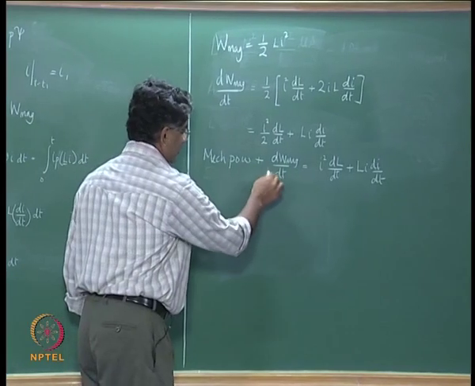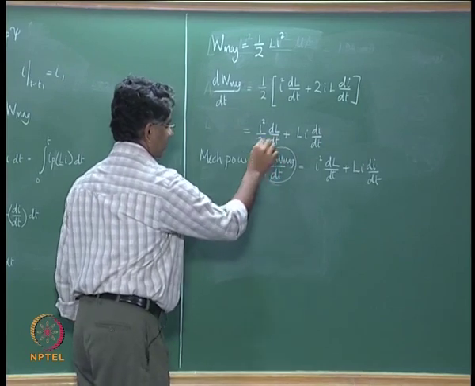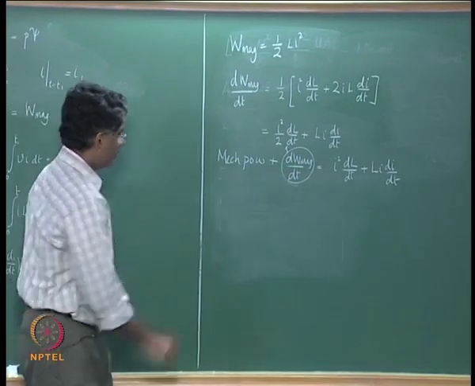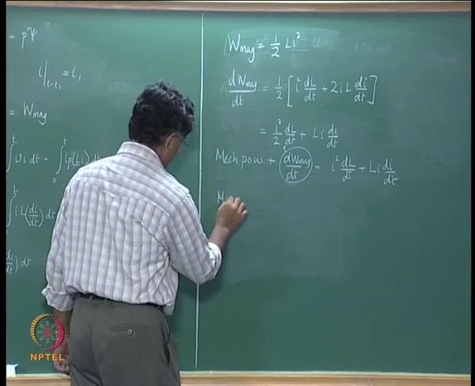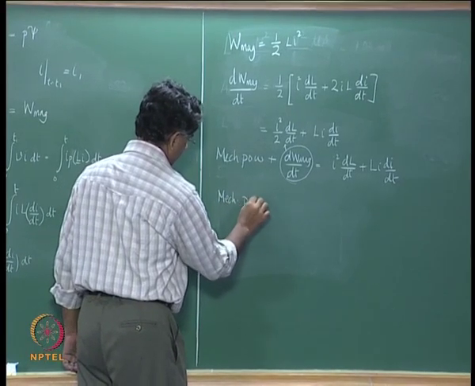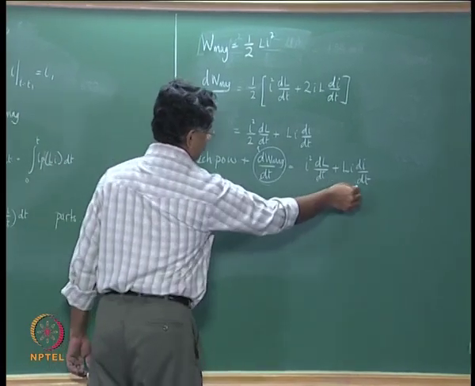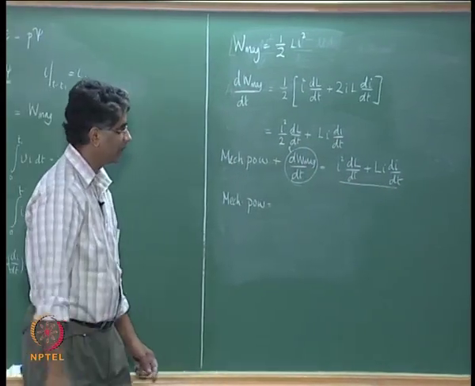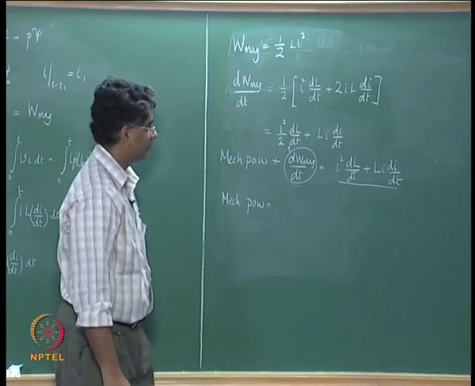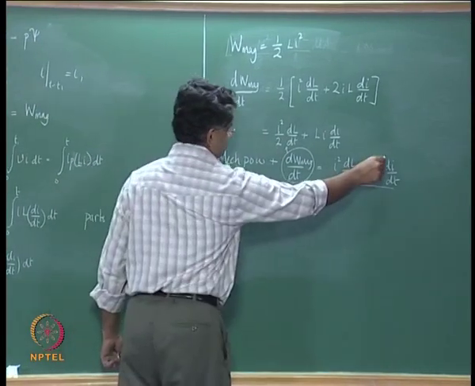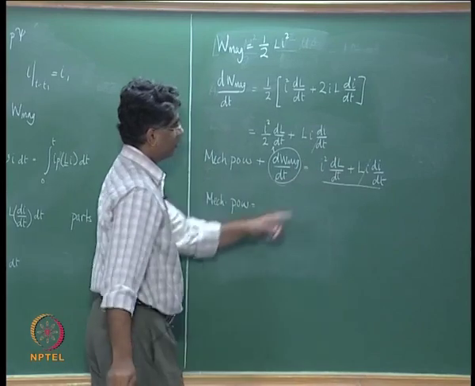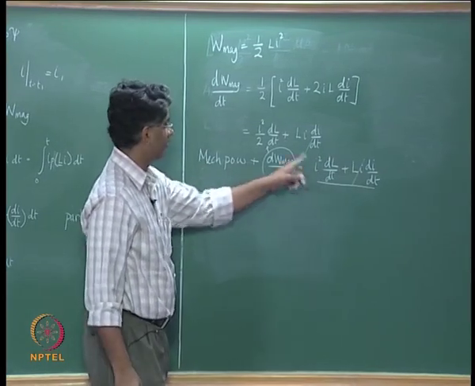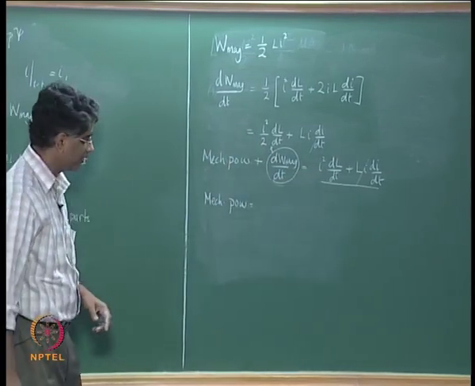And we know that dW mag by dt is given by this expression, which means mechanical power is equal to this term minus that term, and therefore these two cancel out. You have I square dL by dt here and half I square dL by dt here.